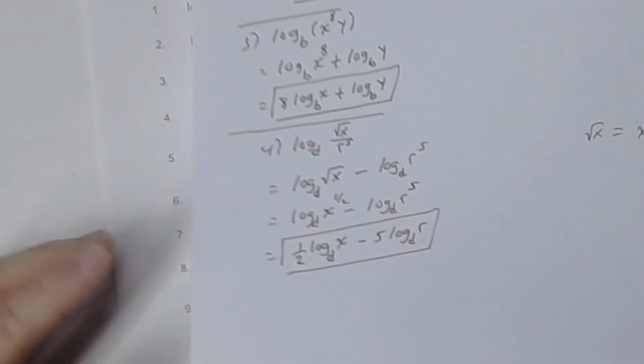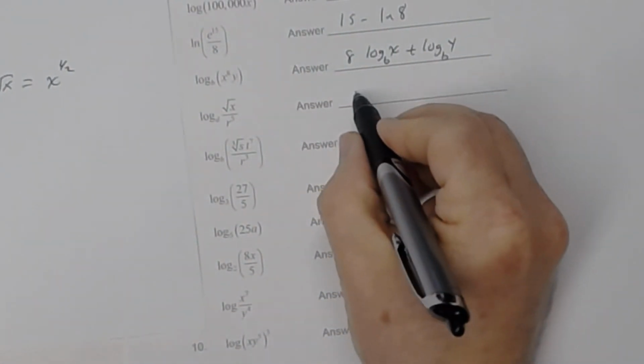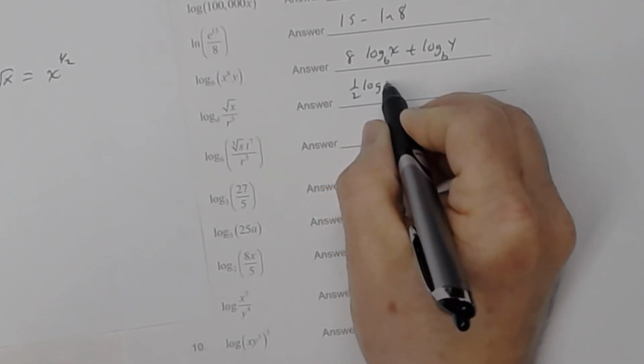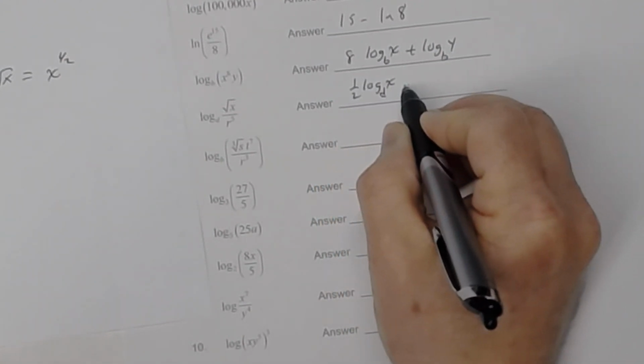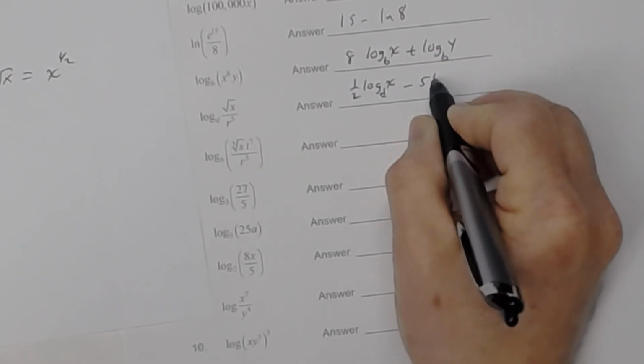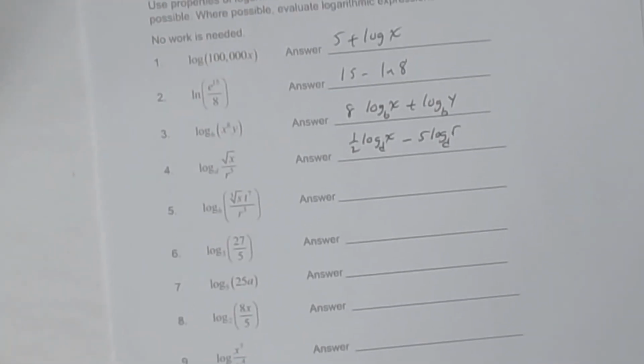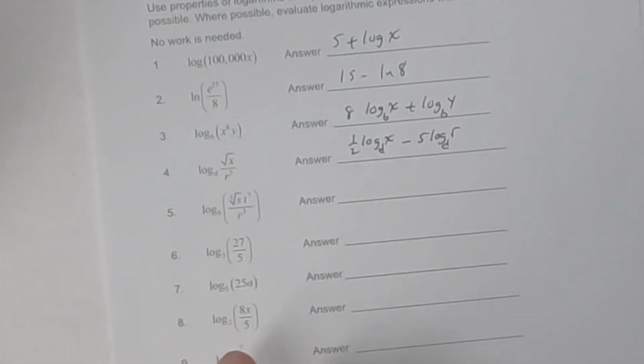So number 4, we're going to have 1/2 times the log of x base d minus 5 times the log of r base d. Okay? So that's what it means to expand. So let's look at number 5.